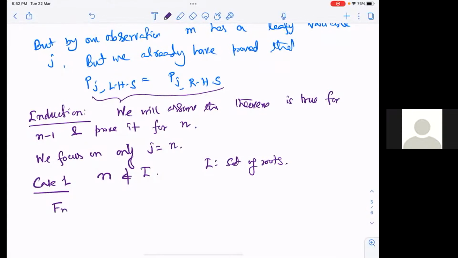What is f n ix? That means you already have the forest for f n minus 1 ix. So these trees are there in this forest, right?